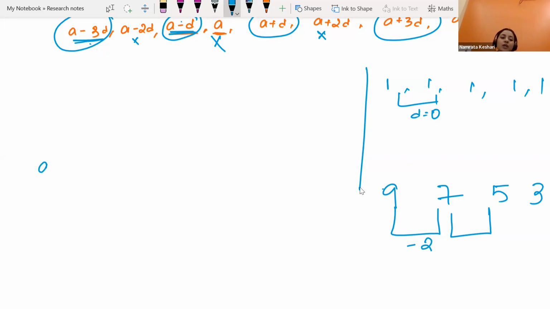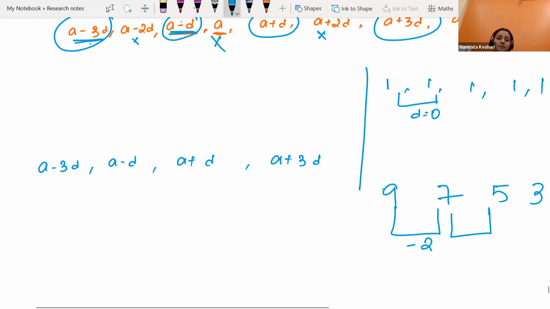तो अगर मैं यहाँ लिख दूँ A माइनस 3D, A माइनस D, A प्लस D, A प्लस 3D, क्या ये सारे चारों टर्म AP में हैं? These four terms are in AP. Check it. Please check it.